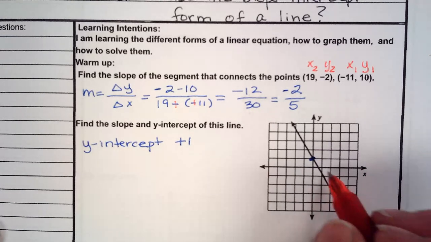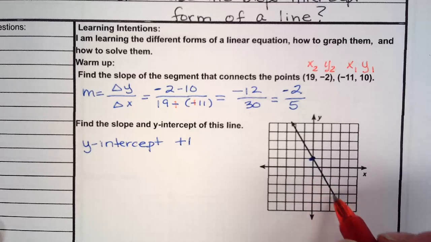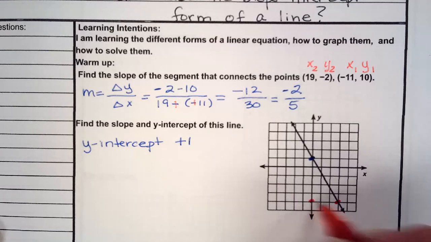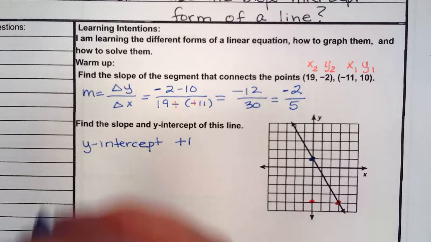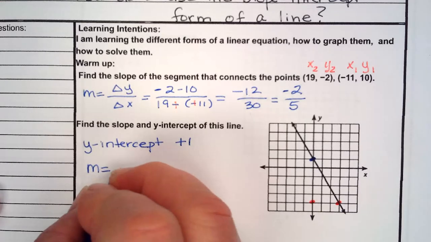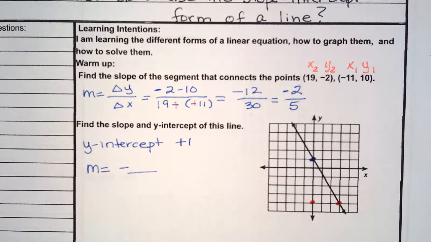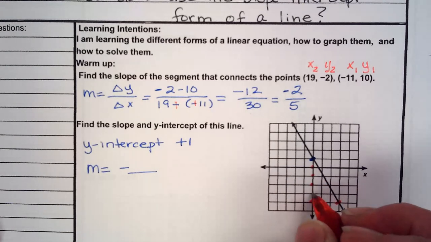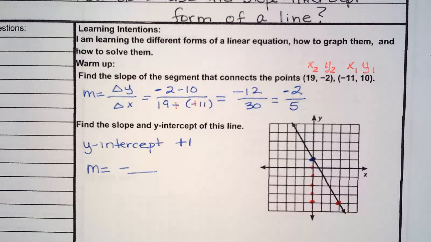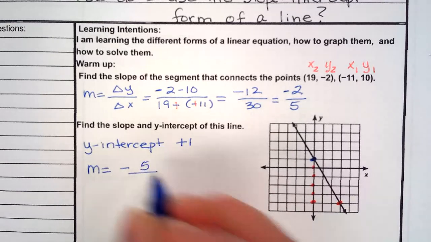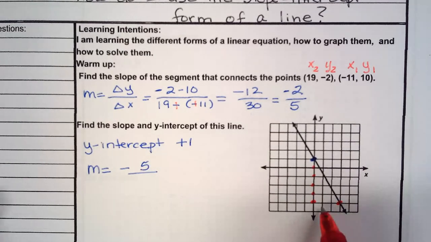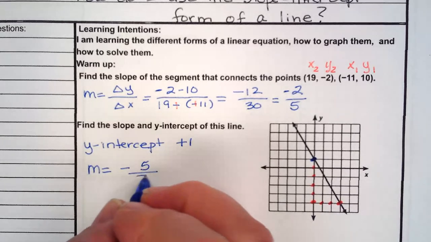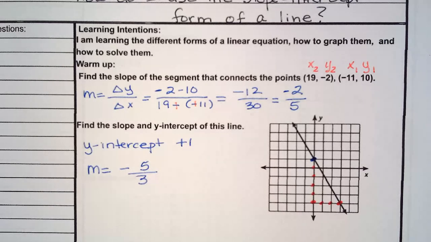I know it crosses here, and as I come down here, it crosses here. I form that right triangle. I go down 1, 2, 3, 4, 5. I go right 1, 2, 3. So the slope is -5 over 3.